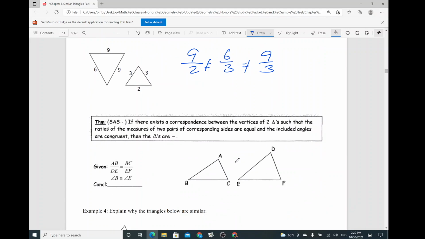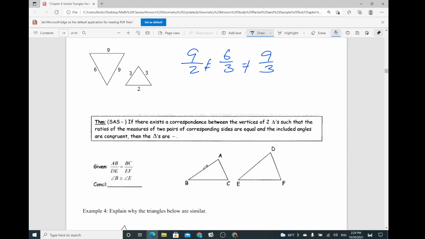And then the third theorem to prove that triangles are similar is by using side-angle-side. If there exists a correspondence between the vertices of two triangles such that the ratios of the measures of two pairs of corresponding sides are equal, and the included angles are congruent, like this one here, then the triangles are similar.